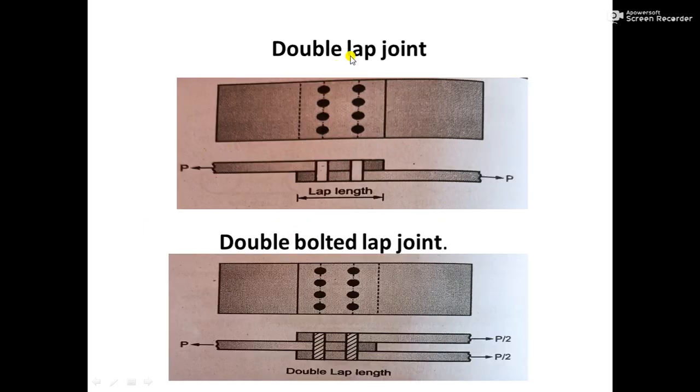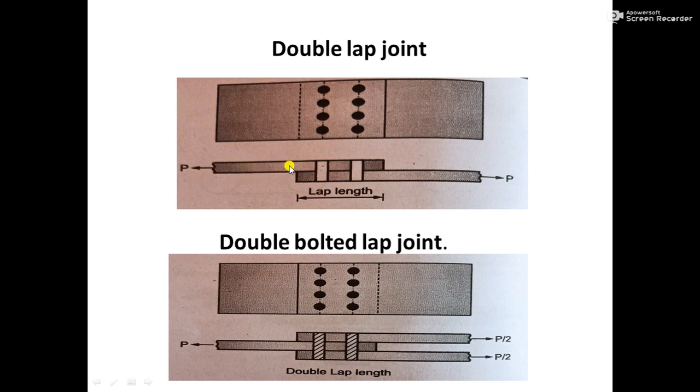Now see double lap joint. Here is a plate, here is a dark line, so this plate is above, and here is a dotted line, that is, this plate is below. This is a cross section.